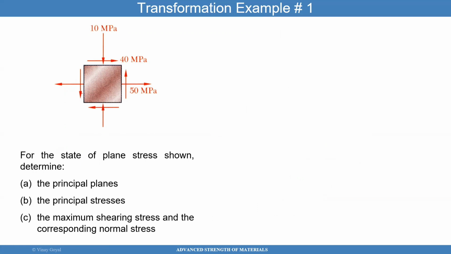Say I have the state of stress presented here, and I ask you about the principal planes and principal stresses. So one approach I taught you is, this is sigma xx, this right here is sigma xy, this one right here is sigma yy.